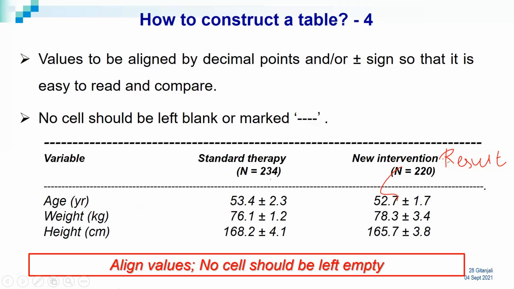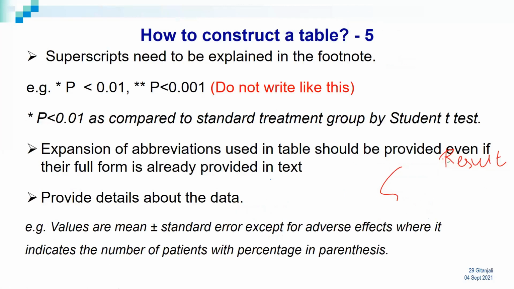Okay. Fifth point is superscripts need to be explained in the footnote. So you can put a superscript if your P is less than whatever it is, but you need to write it like this: P is less than 0.01 as compared to standard therapy, the standard treatment group. You need to expand abbreviations in the table, even if the full form has been provided in the text.